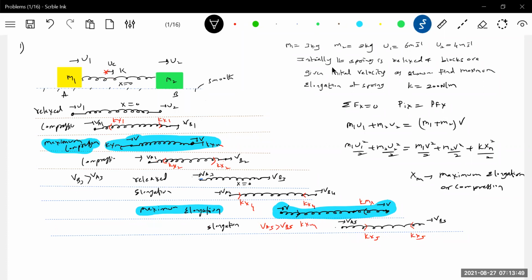Let me write it, UC. How to calculate it? UC equal to m1 u1 plus m2 u2 by m1 plus m2, which is nothing but the common velocity V. So at maximum elongation or compression, the blocks will be moving with the velocity of center of mass. This was the conclusion.